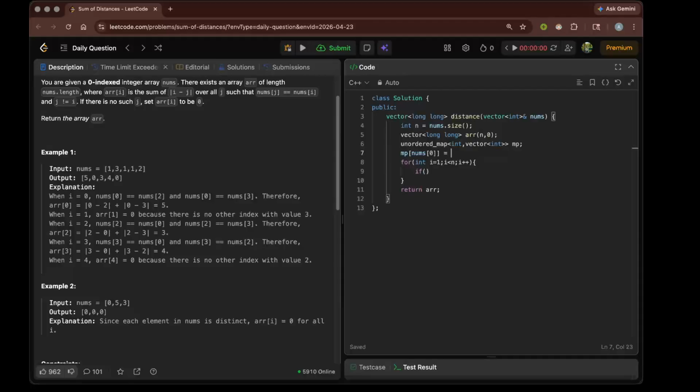Again found 1. What should we do now? It should be 3 plus 1. Recently found at index 2, but previously it was 0. Does it make sense?